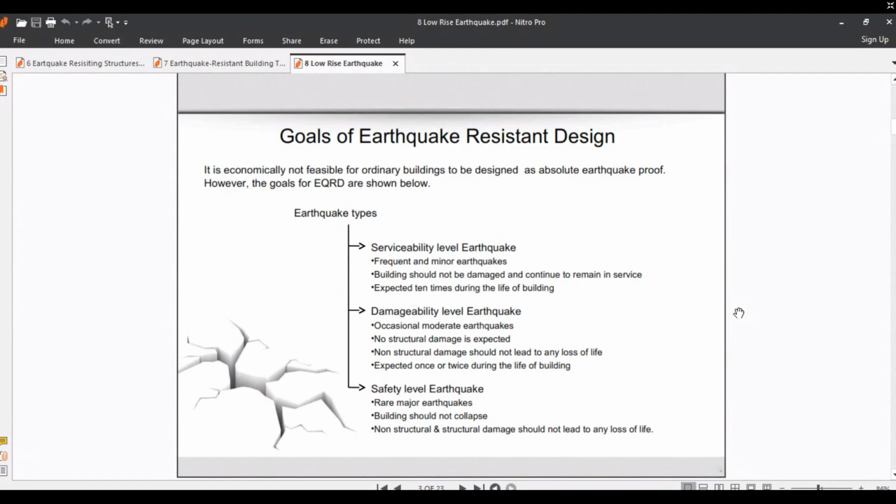The last level of earthquake is the safety level earthquake. In this type of earthquake, that is called safety, we have a rare major earthquake. The building should not collapse. Non-structural and structural damage should not lead to any loss of life.